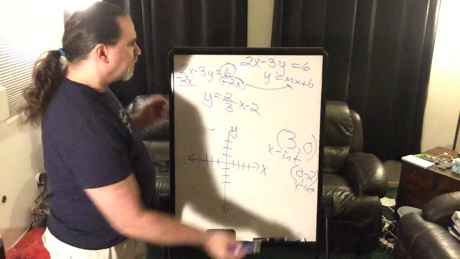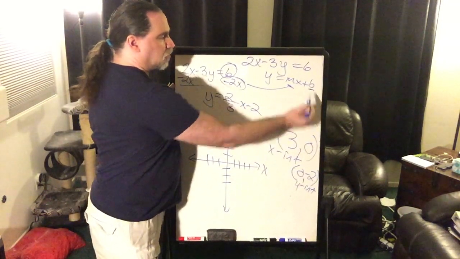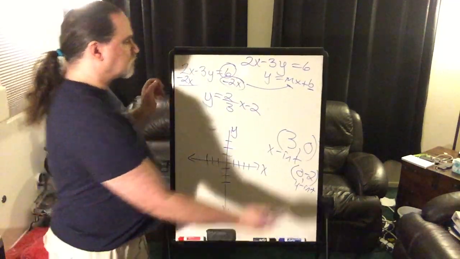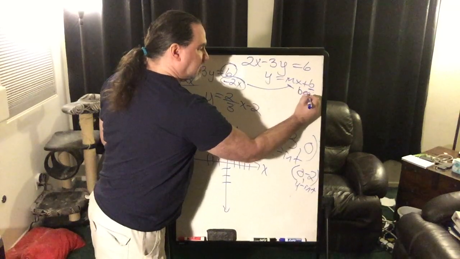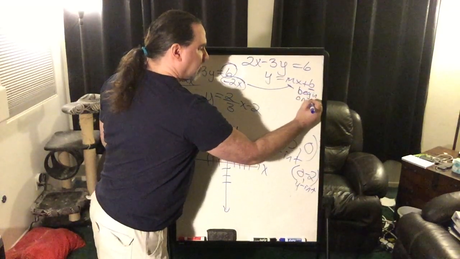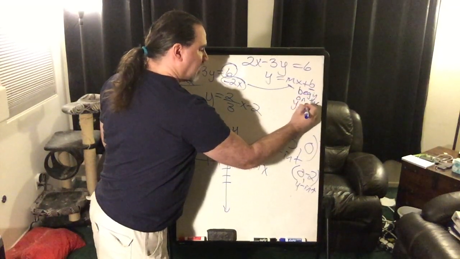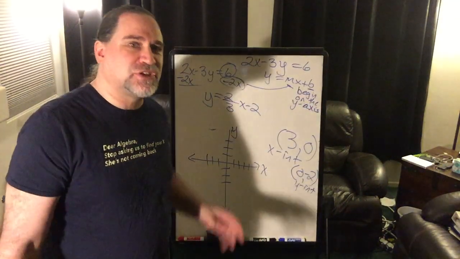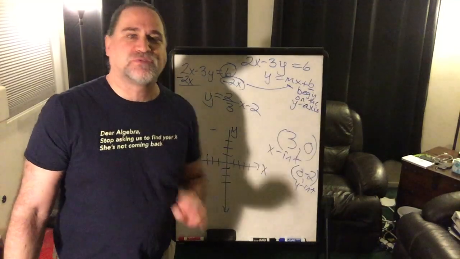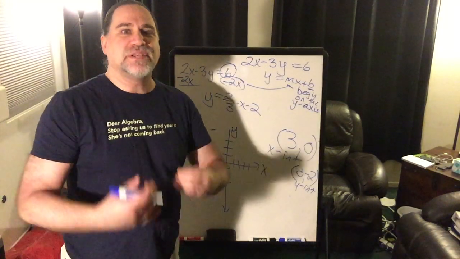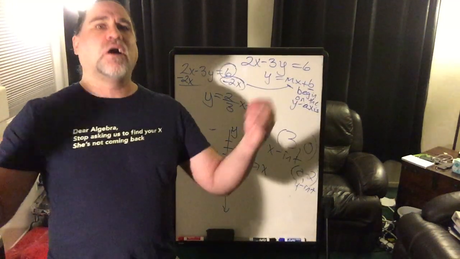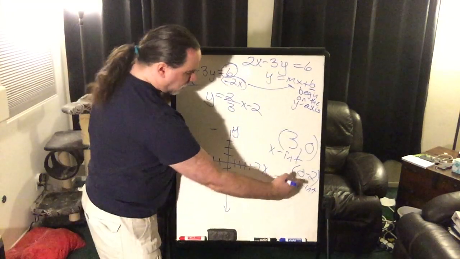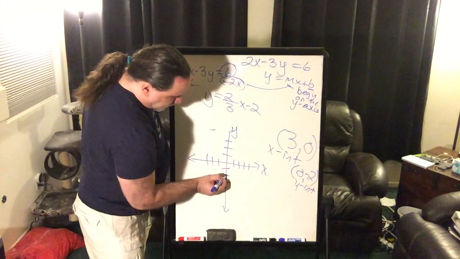This is where the b value is so important. The b value is where you begin on the y-axis. I don't know what the b actually stood for, but I have found this is so useful: the b is telling us where to begin. Where to begin on the y-axis, because it is our y-intercept. It's right here at -2.